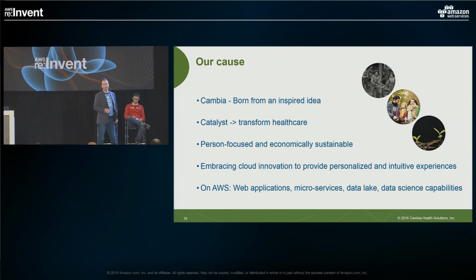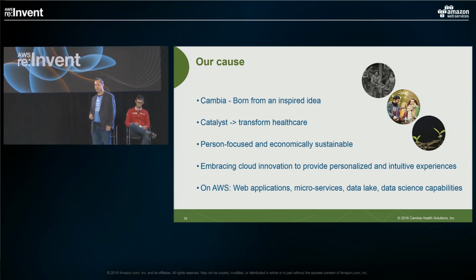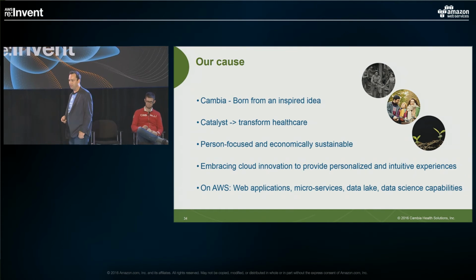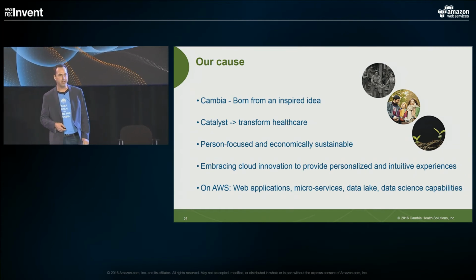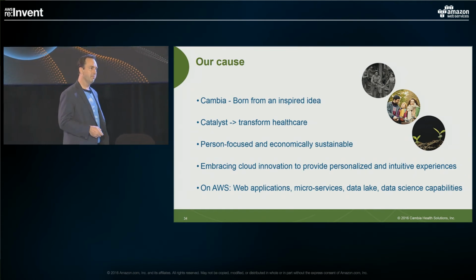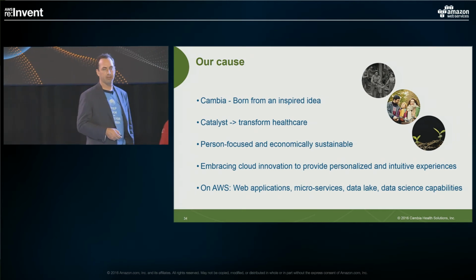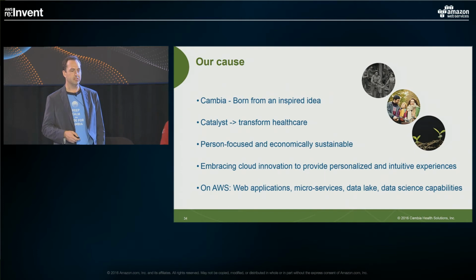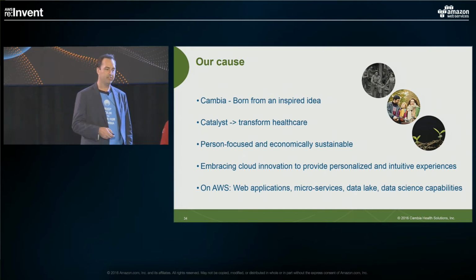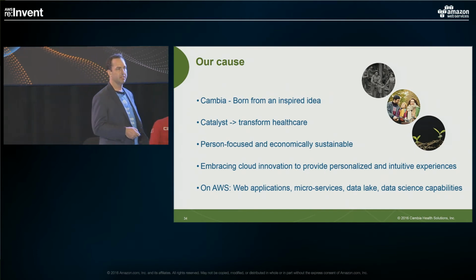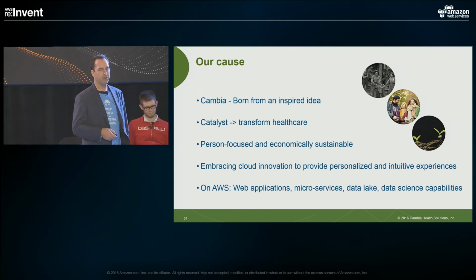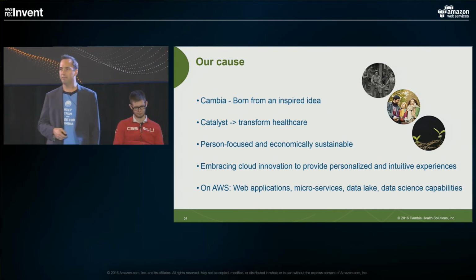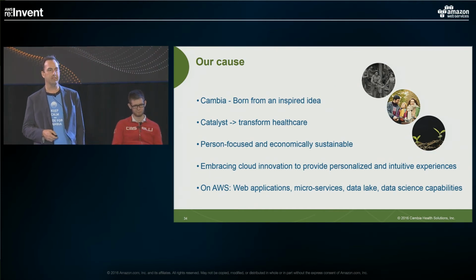Nearly 100 years ago, a group of physicians in Pierce County, Washington, formed the United States' first employer-based health plan. That company, the Pierce County Medical Bureau, eventually became the Regence Blue Cross Blue Shield brand, and it's now a Cambia Health Solutions company as well, and also a member of the Blue Cross Blue Shield Association. Today we're focused on transforming healthcare to become person-focused and economically sustainable.